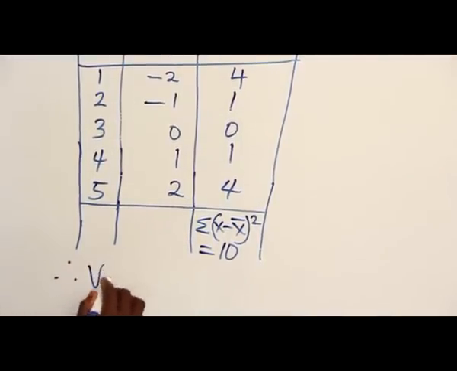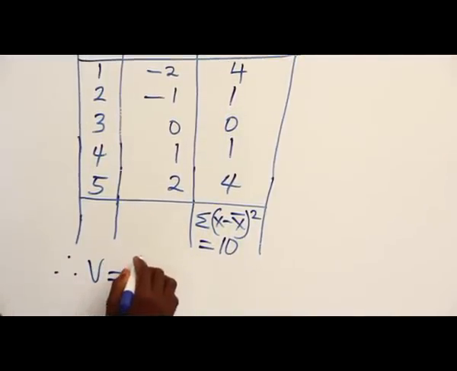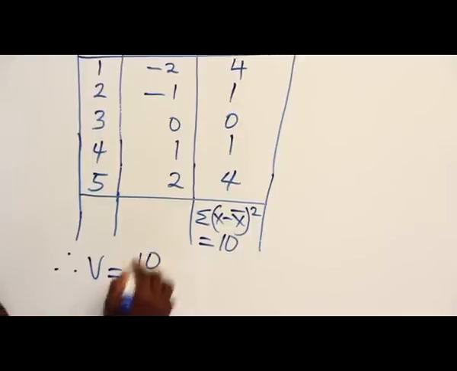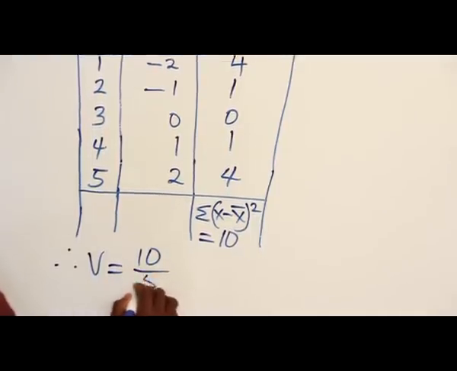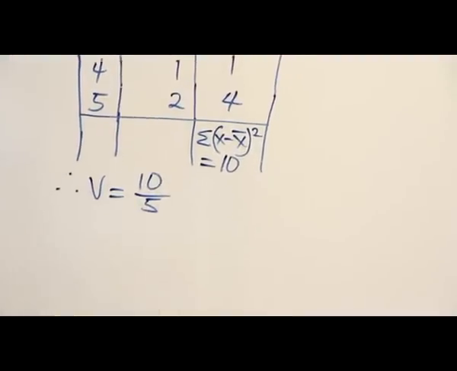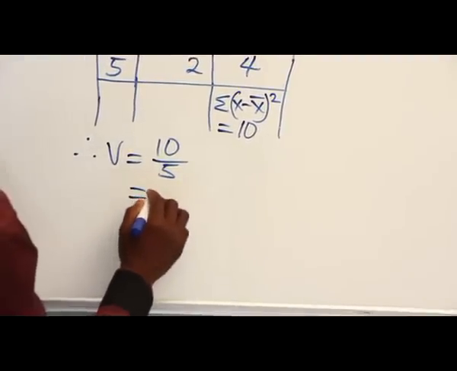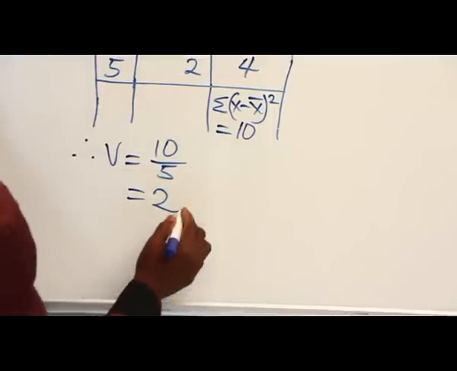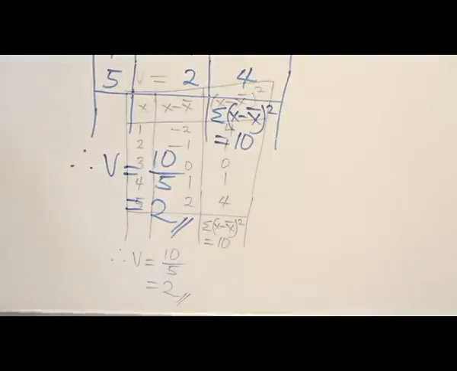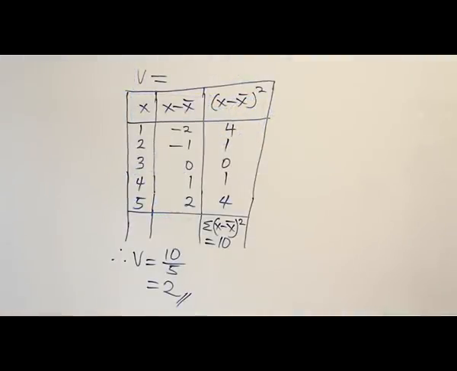Therefore, variance equal 10 all over 5. 5 is n. And that will give us 2. That's the first part of the question. The variance is 2.